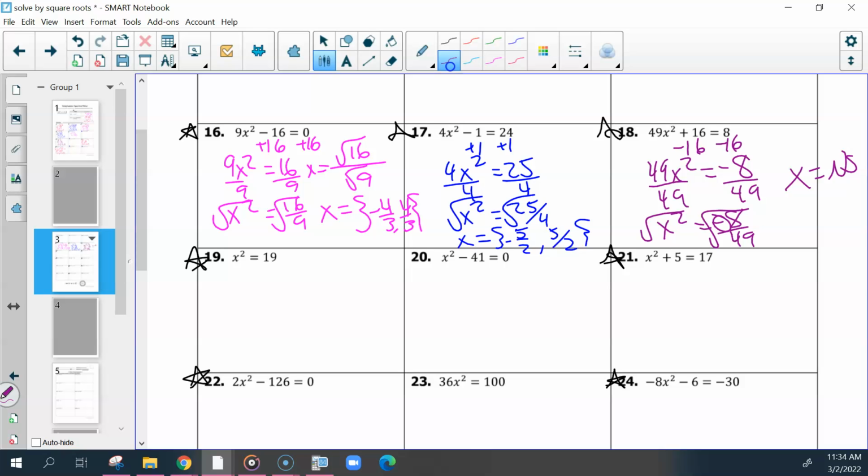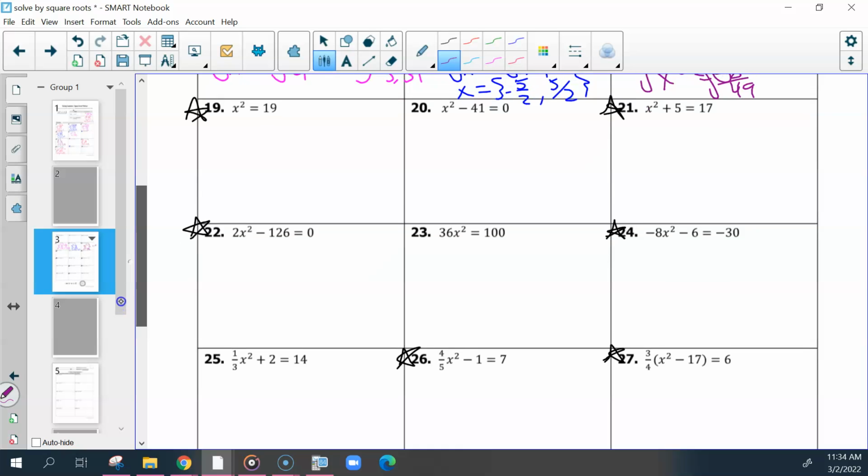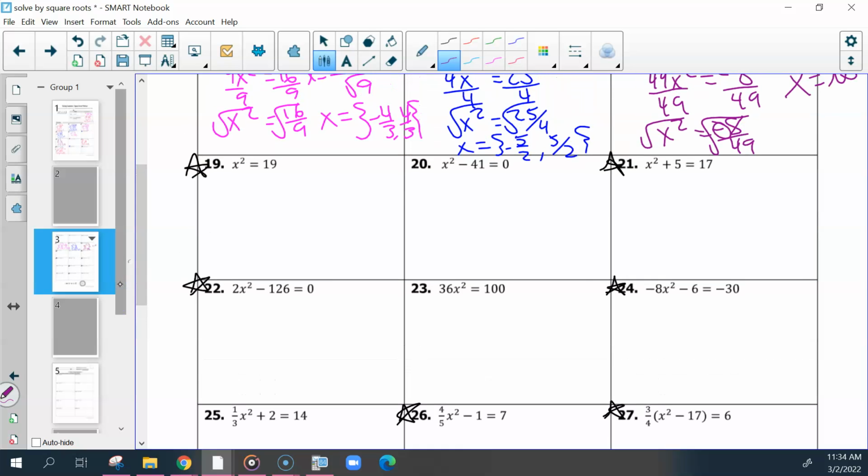We're going to do 4 more and then 6 more and then we'll stop.